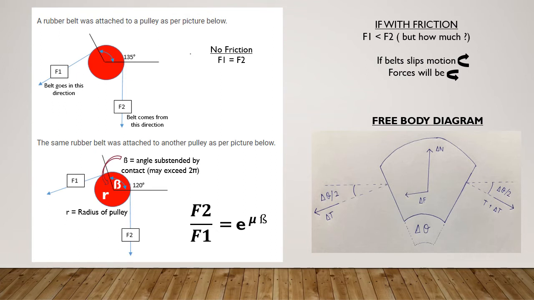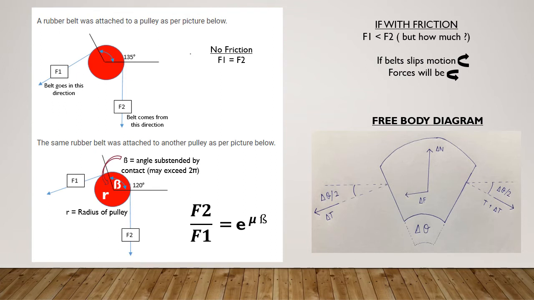So from this diagram, this is a situation like all the rest of our equilibrium problems for the rigid body. We read the problem, draw the free body diagram, and consider what equations we have. In this case, we get one more equation for the belt.